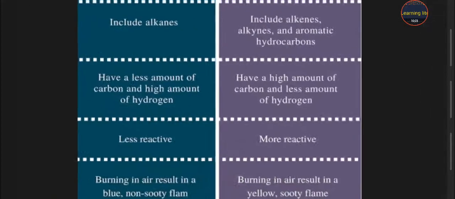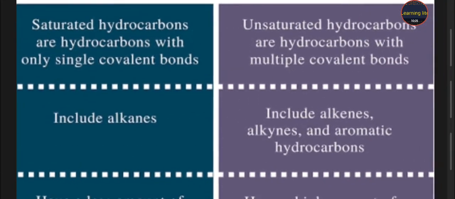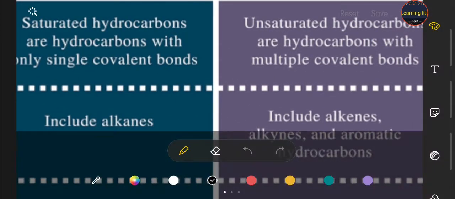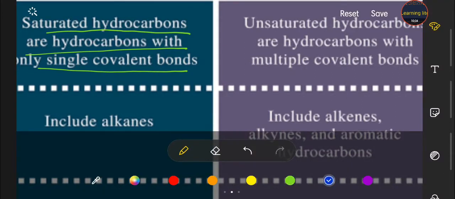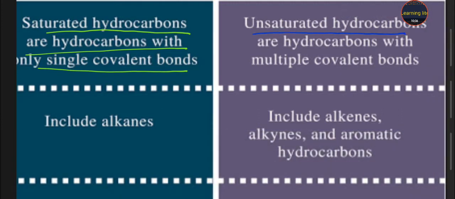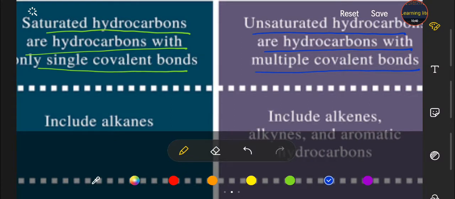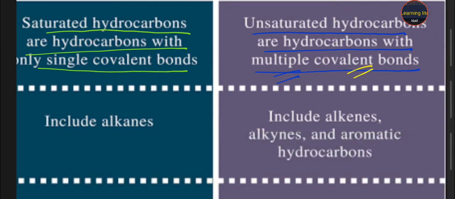How can we differentiate the saturated and unsaturated, student? Saturated hydrocarbons are the hydrocarbons with only single covalent bonds, whereas unsaturated hydrocarbons are hydrocarbons with multiple covalent bonds. Multiple means they may be double bonded or triple bonded.